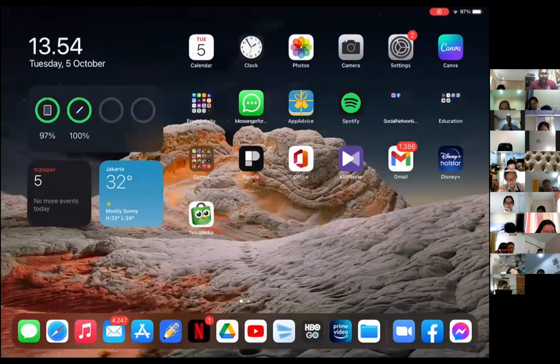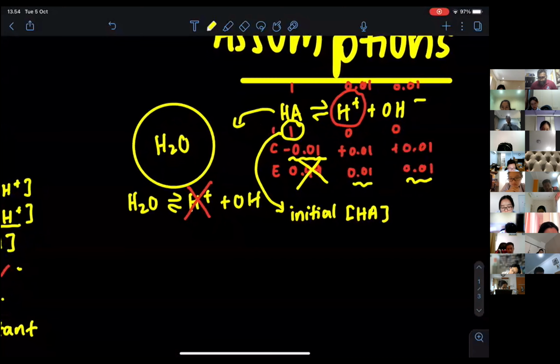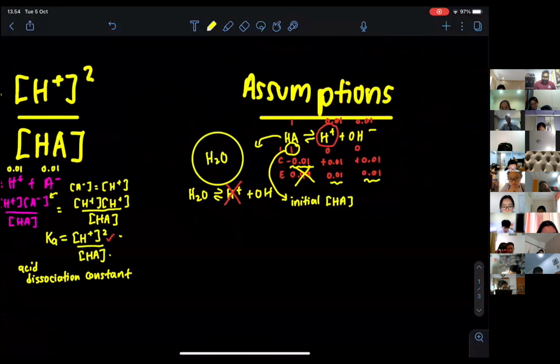So here, if I summarize, what are our assumptions? Number one, I am going to ignore the H plus that is from water. My second assumption is that the dissociation of that weak acid is too small, so I am going to assume that the weak acid did not dissociate at all.